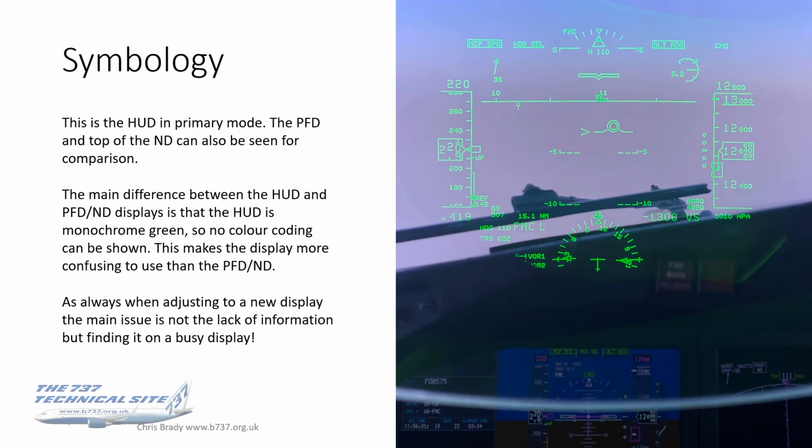And I would say that the only way around this is really familiarity. So those airlines which tend to use the HUDs a lot are probably better placed for their crew to be able to find the information quickly, because as always when adjusting to a new display, the main issue is not the lack of information but finding it on a busy display.